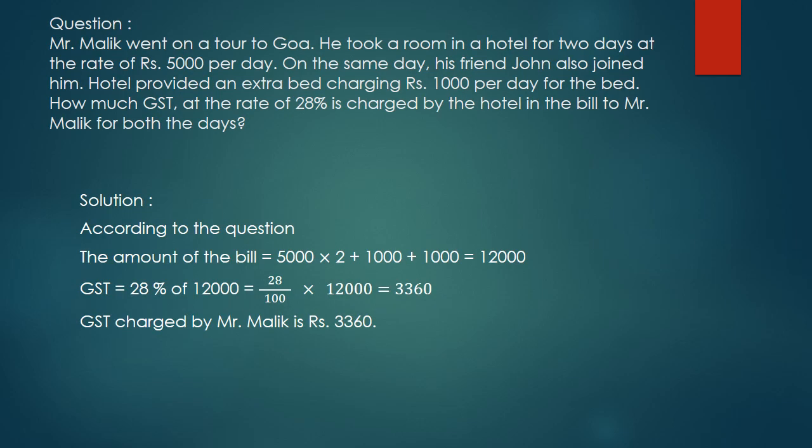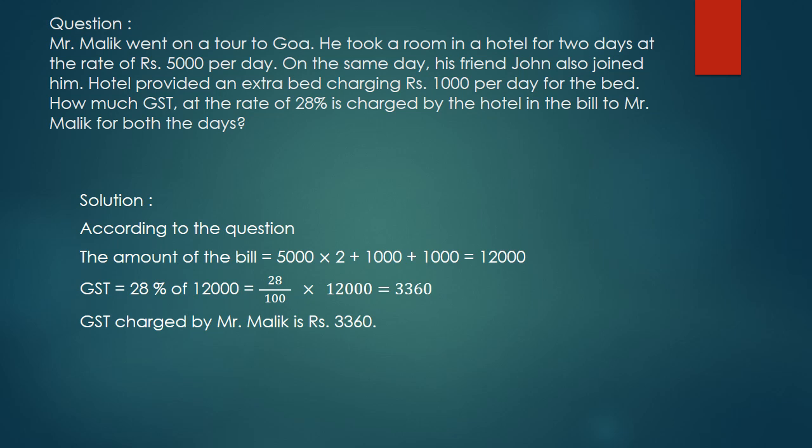Here is the next question. Mr. Malik went on a tour to Goa. He took a room in a hotel for 2 days at a rate of 5,000 rupees per day. On the same day, his friend John also joined him.